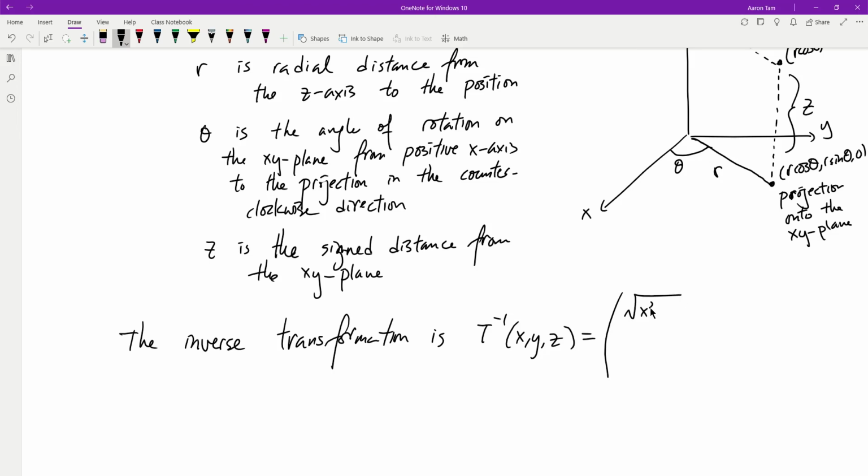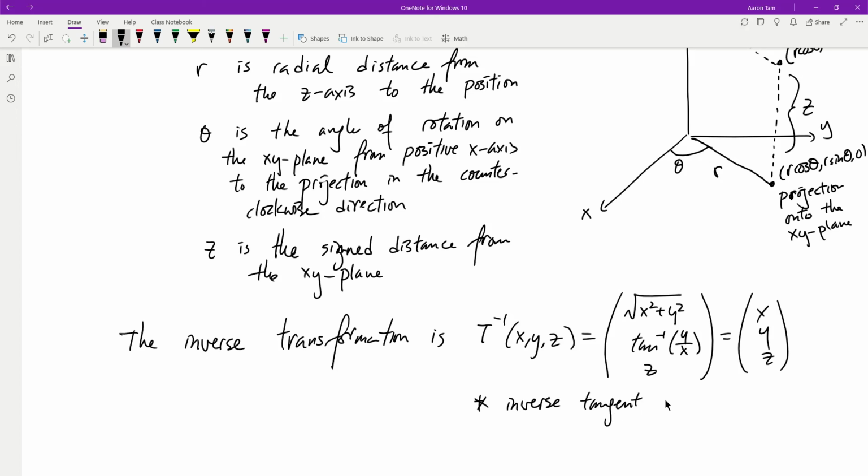So that would be (square root of x squared plus y squared, tangent inverse of y over x, z), and that's equal to (r, theta, z). Here once again is the tangent inverse that you have to pay attention to, with inverse tangent suitably defined to give theta in the correct quadrants.